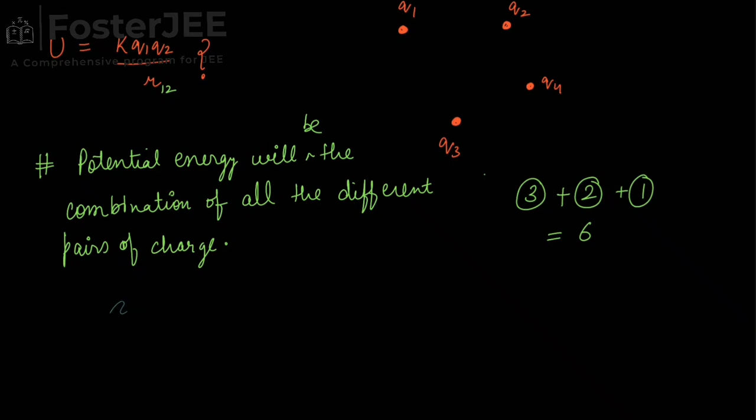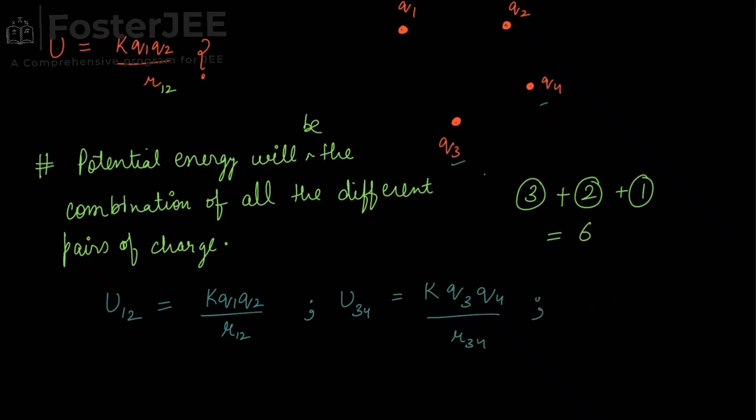That is, U12, the potential energy between 1 and 2, is KQ1Q2 upon R12. Similarly, U34, the potential energy between Q3 and Q4, is KQ3Q4 upon R34, and so on.